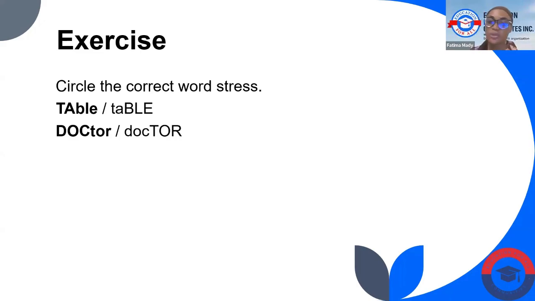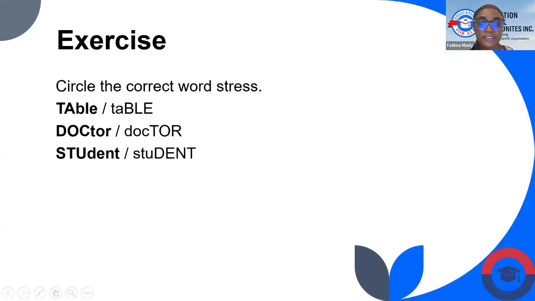So basically that's it. Here we have just a little exercise, but I think you already know the answer. We have table and table, doctor and doctor, student and student, hotel and hotel.